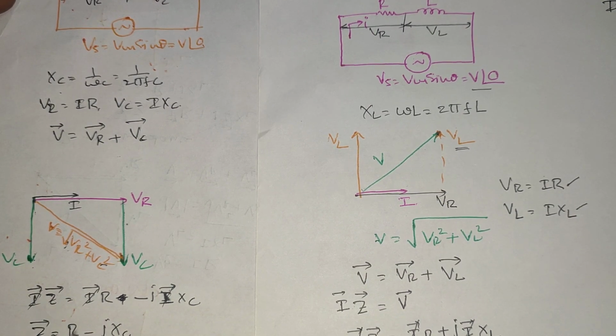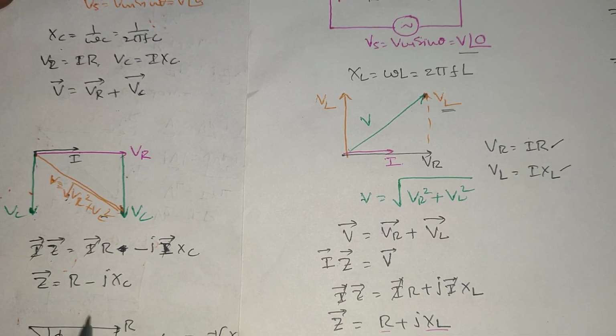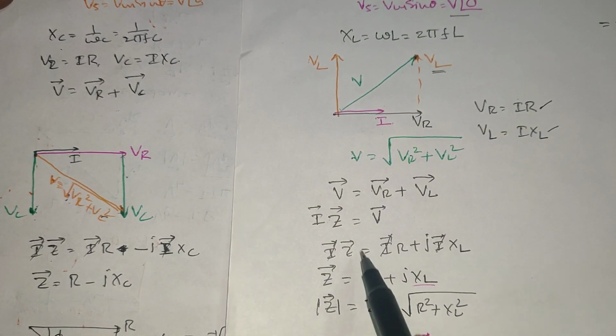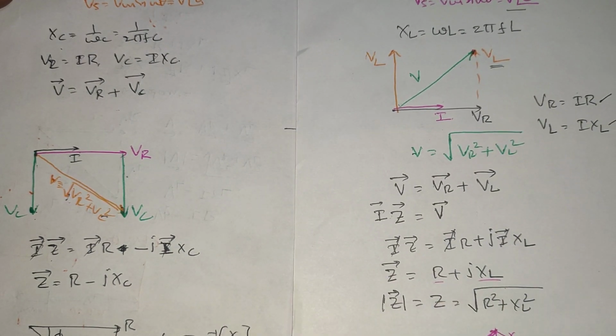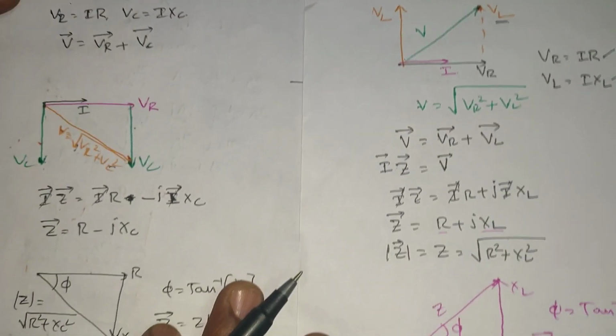Hence, we are going to have Z bar as equal to R minus JXC, whereas here we have got Z bar, the impedance vector, as equal to R plus JXL. Hence, the impedance diagram can be written as here.